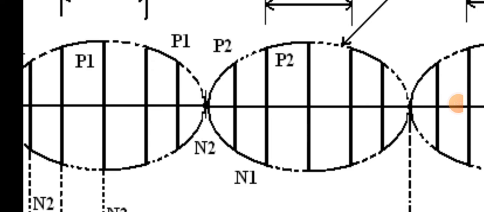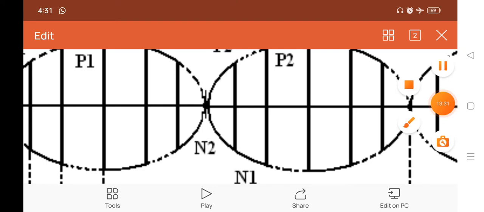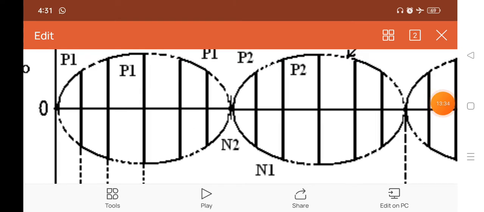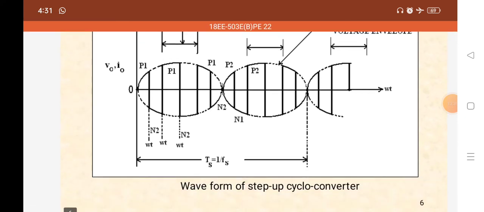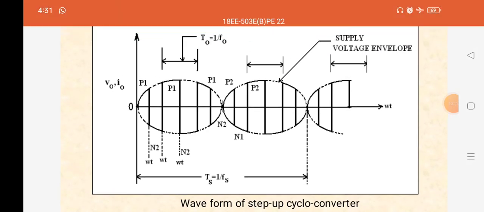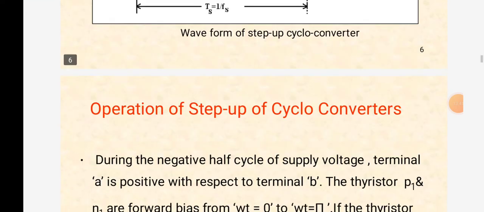After that time it will also be turned off using forced commutation, and next P2 will be conducted. Likewise the second envelope will be formed, and envelopes will be formed again and again.